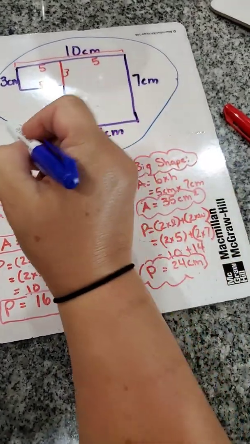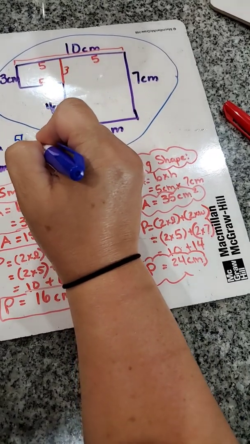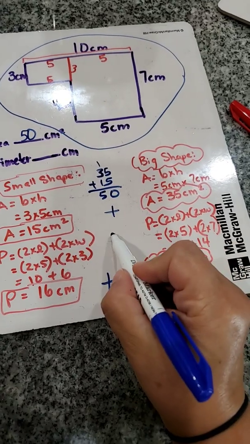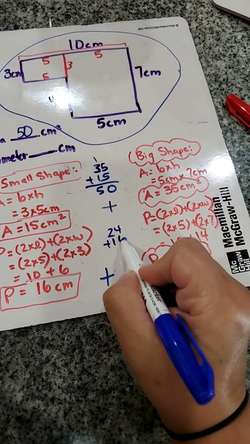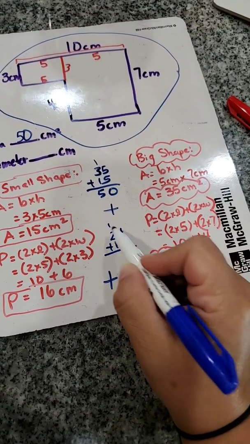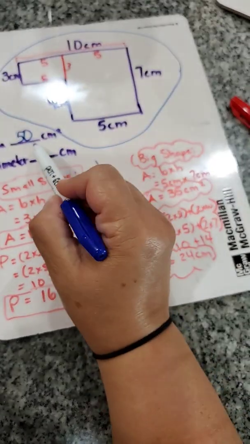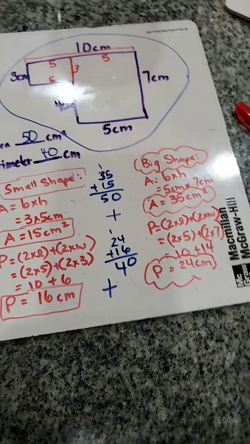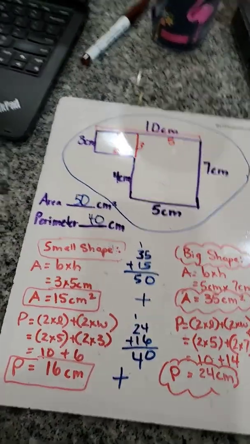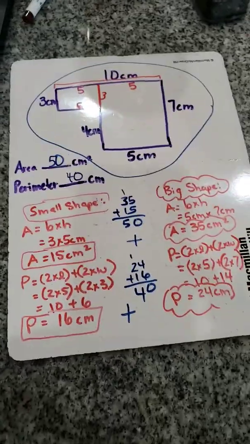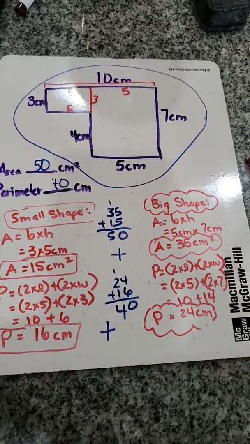So the area is 50 centimeters squared. And the perimeter is 24 plus 16. 10, carry the 1. 1 plus 2 is 3 plus 1 is 4. 40 centimeters. And that's how you would find area and perimeter of an odd shape.